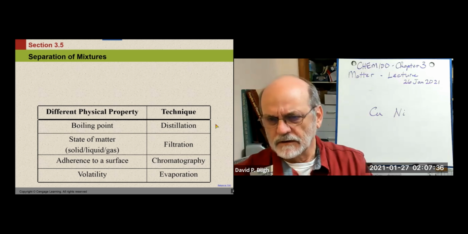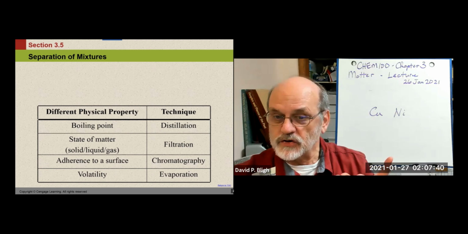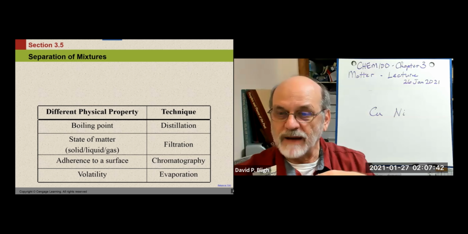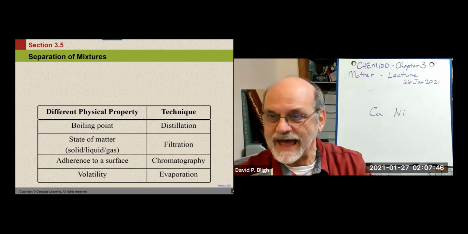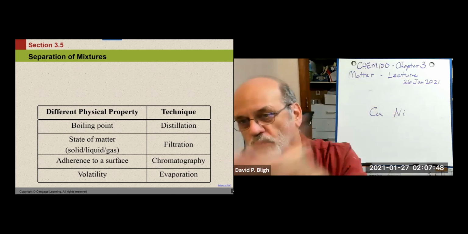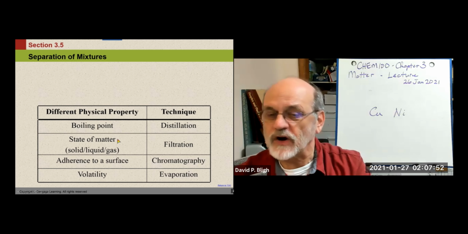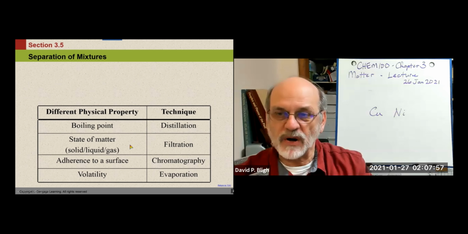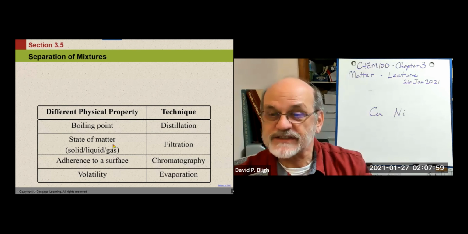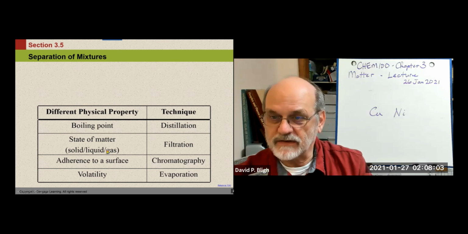So distillation is by heating, and you convert by boiling the liquid into a gas, and then you recondense it somewhere else. That's a physical change. Filtration. We note the difference in particle size, even the states of matter. Say we have a liquid and a solid together.